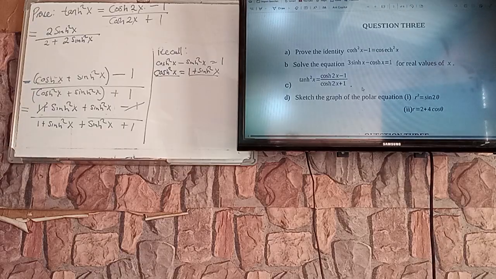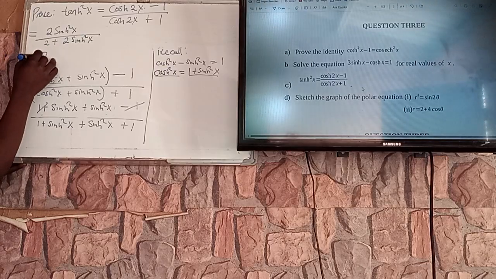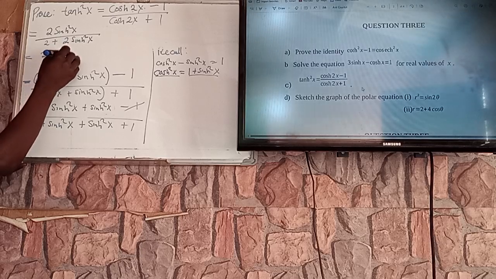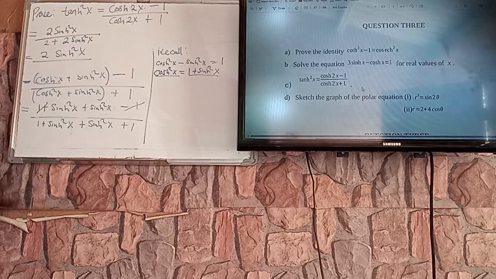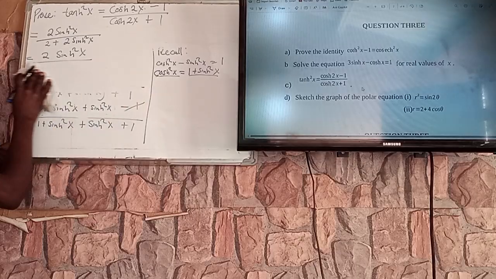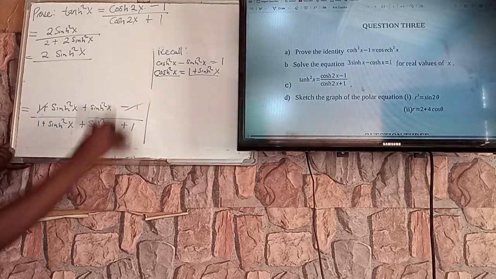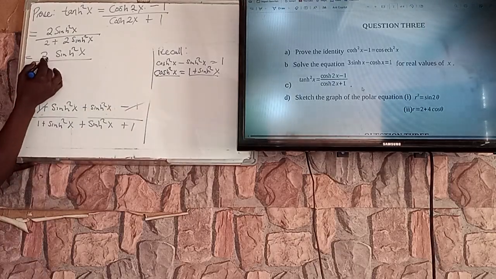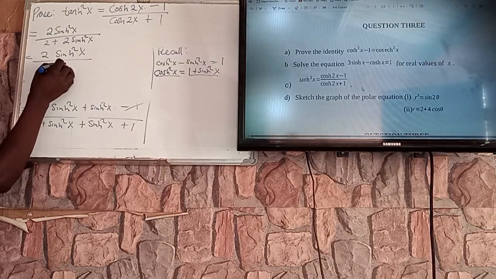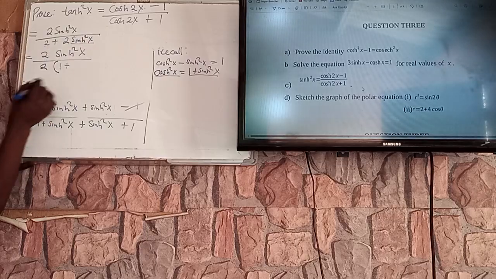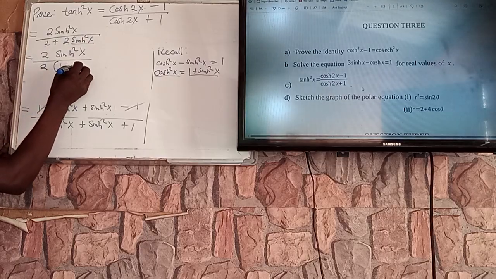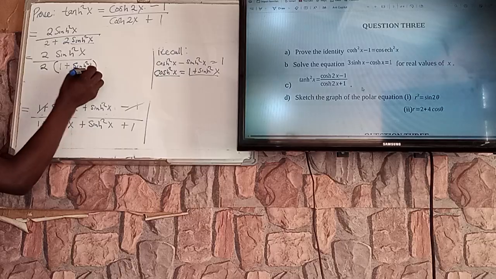So if that is the case, obviously in the denominator here, you can factor out the 2, which is common, and this is now going to be equal to 2 sine squared x over 2 multiplied by 1 plus, what am I remaining with here? It will be a sine squared x.